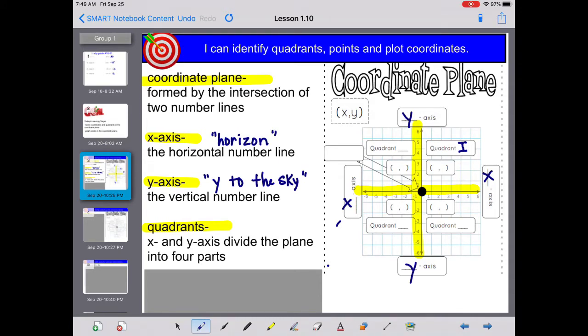We label them counterclockwise. So this is the second quadrant. This is the third quadrant with 3 capital I's. And this is the fourth quadrant with an I and a V written like this. So it's 4 parts. They are called quadrants, and they are labeled 1, 2, 3, and 4 in the counterclockwise direction.